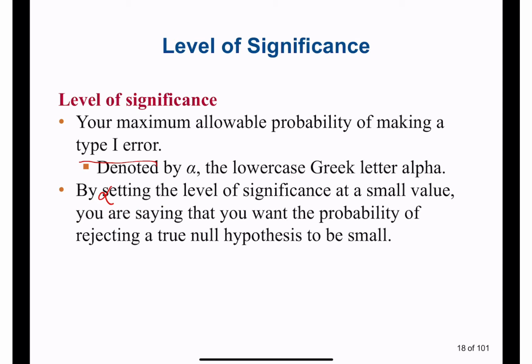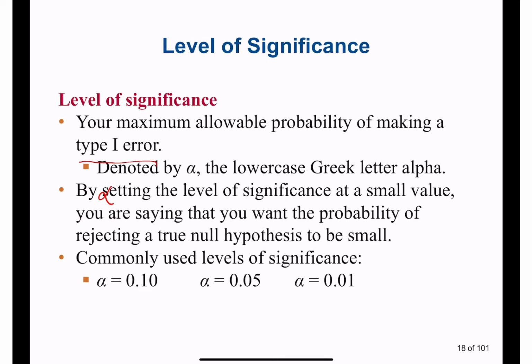The smaller we take, the better it is. That's because we want the mistake to be as small a percentage as possible, obviously. Commonly used levels of alpha are 10%, 5%, 1%. Type 2 error is beta, but we are not going to explore it. We are going to explore only alpha.